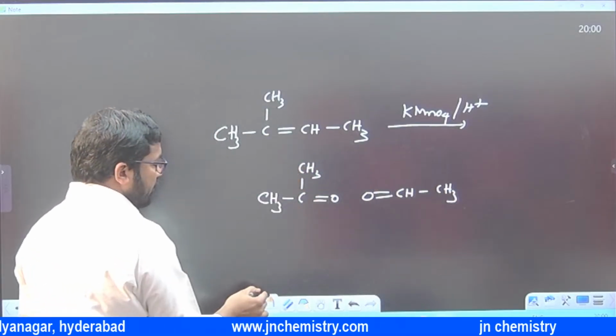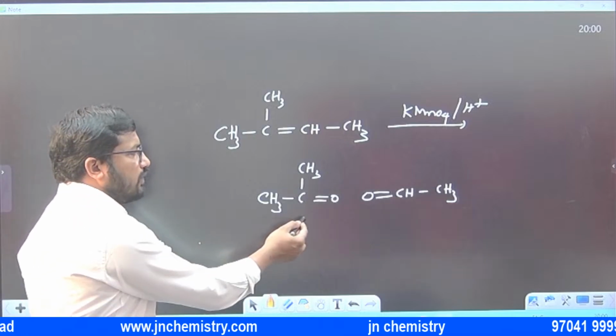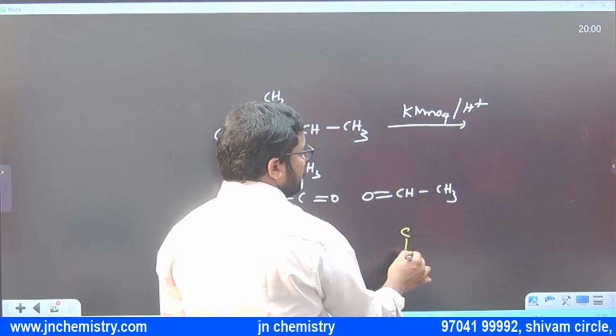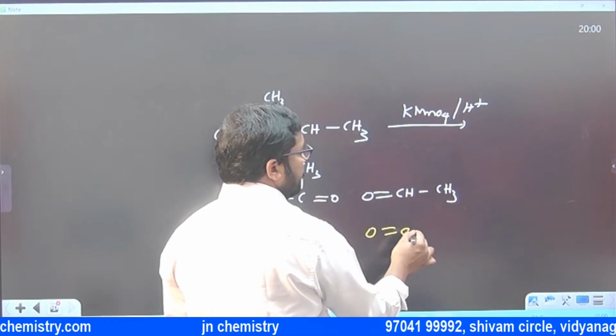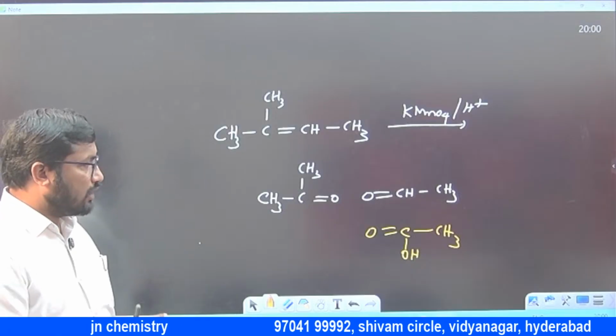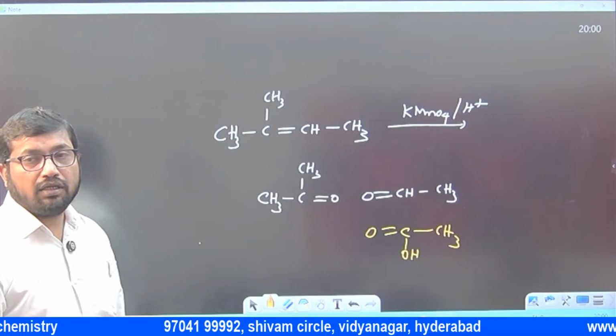But this double bond carbon doesn't have any hydrogens. So no need to do anything. So acetone only we will get as the product. But this is converting into OH group, because the double bond carbon is having one hydrogen, so acetic acid. Clear everyone?